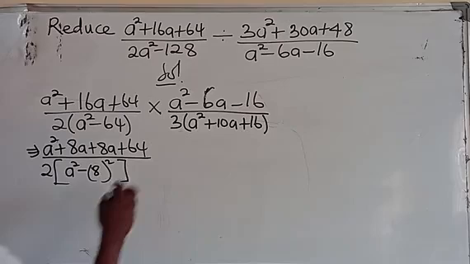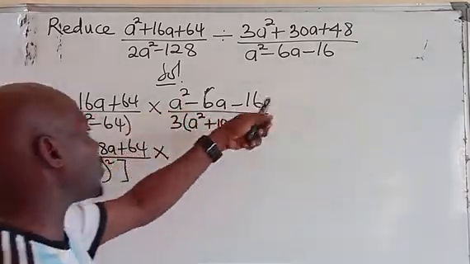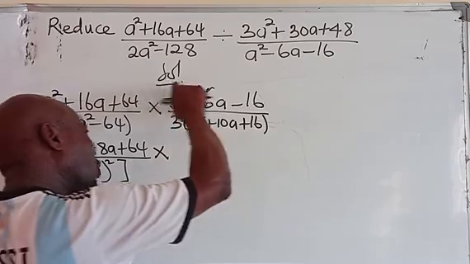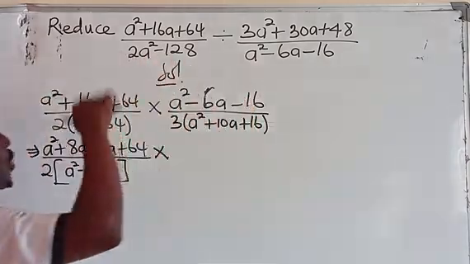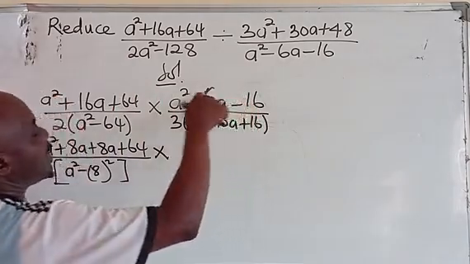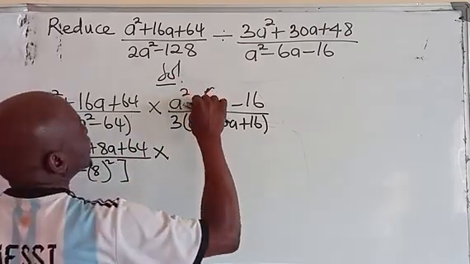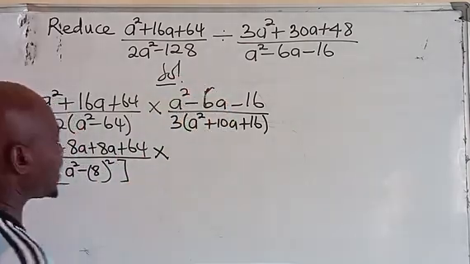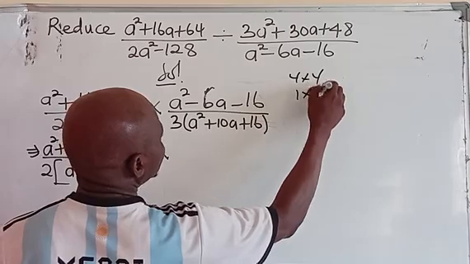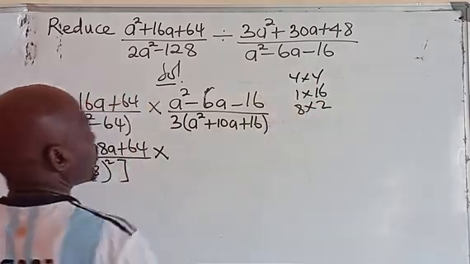Now this is also a quadratic expression, so we are going to factorize this. We are looking for two numbers that when you multiply, you get negative 16, and the same two numbers, when you add, you get negative 6. So the factors of 16 are 4 times 4, 1 times 16, 8 times 2, and that's all.